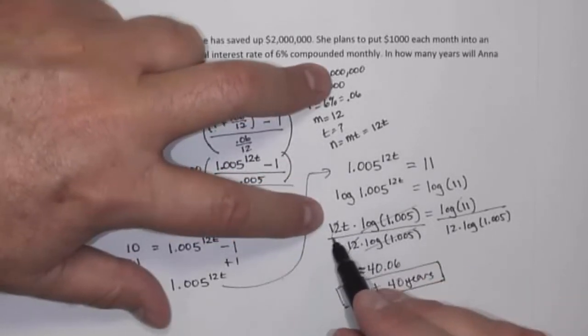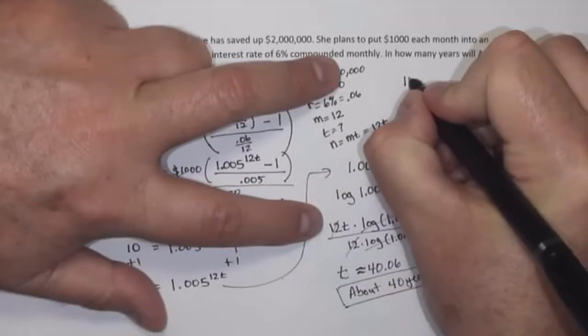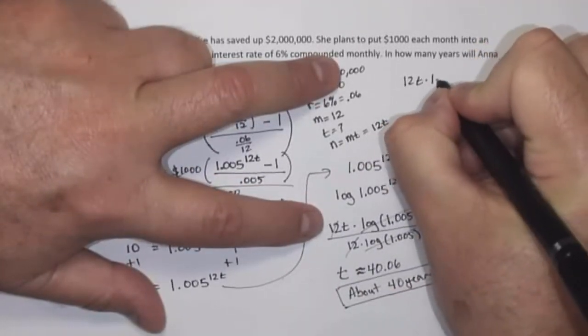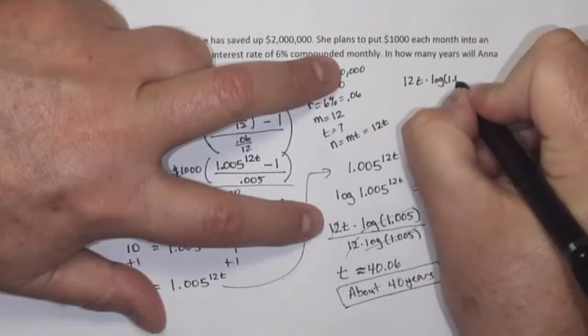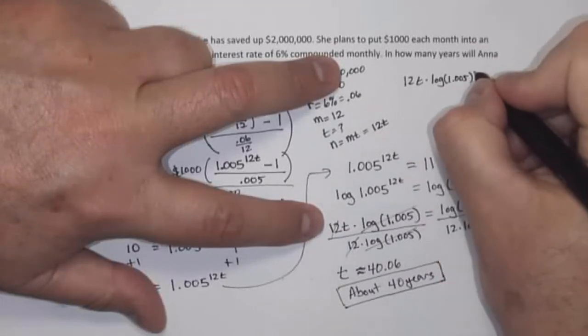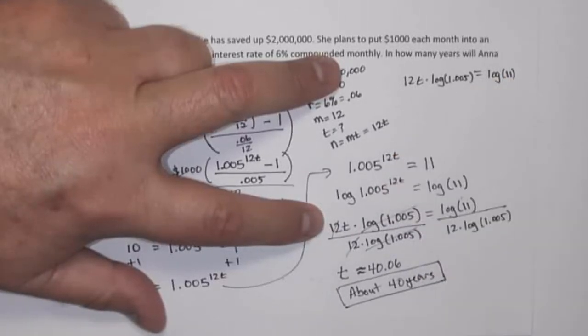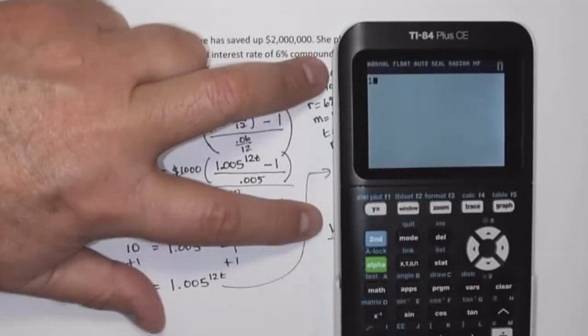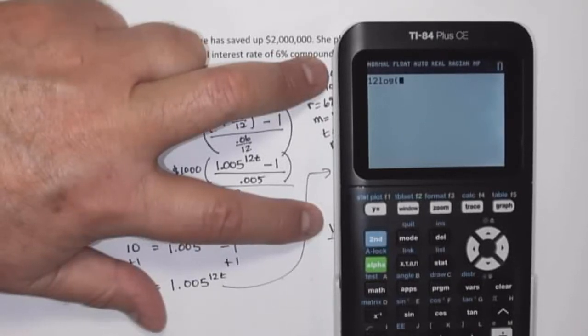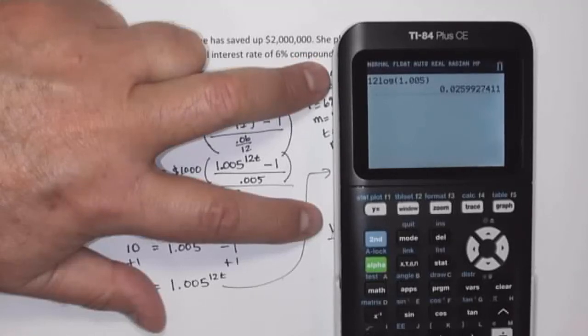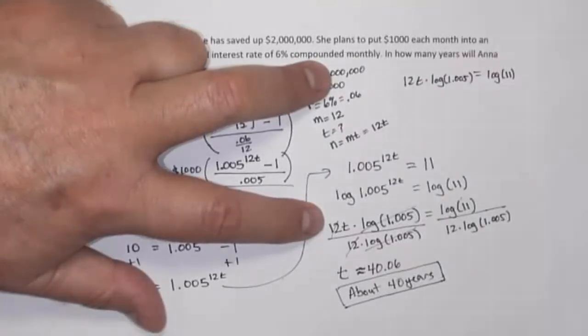So like at this step, when I had 12t times the log of 1.005 equals the log of 11, I could have figured out that 12 times the log of 1.005 is 0.025992741.